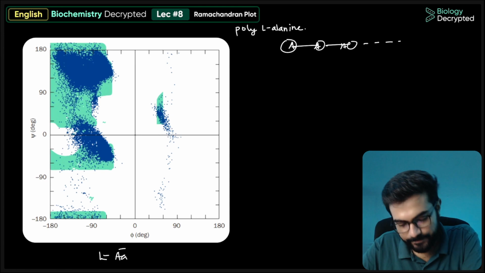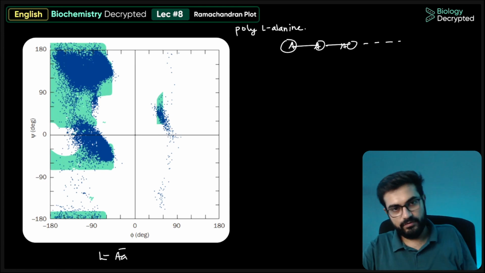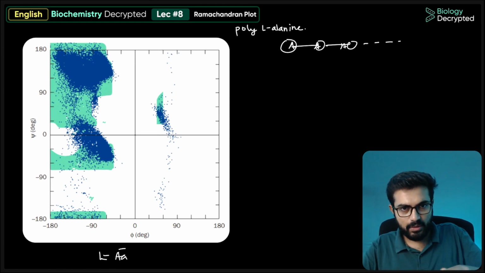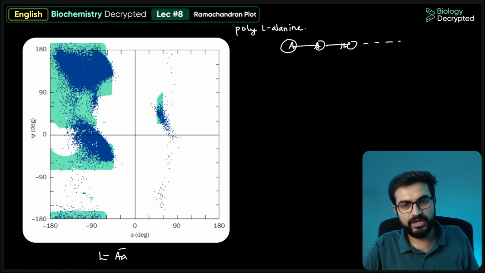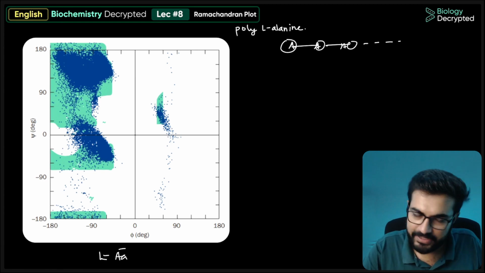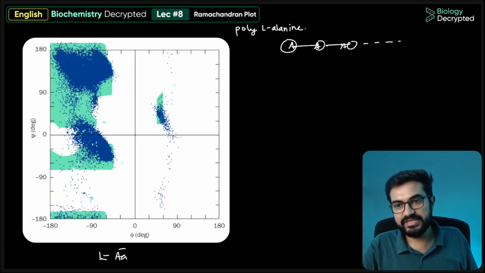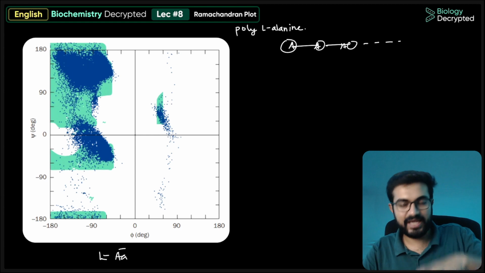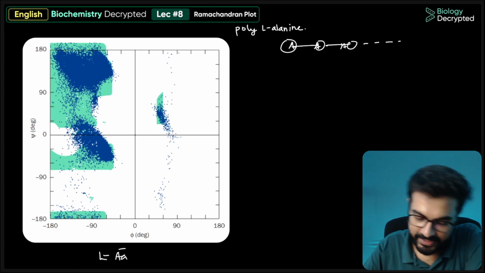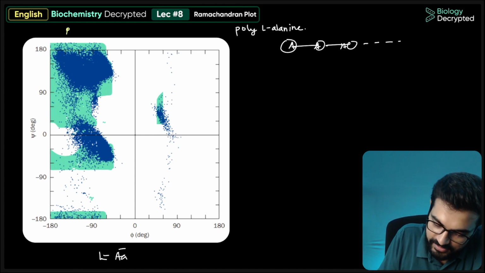For this, the plot was made, and this is how roughly we can draw it. It will vary slightly for individual amino acids, and for some amino acids it will be completely different. But yes, this is how the actual Ramachandran plot looked. So this is the Ramachandran plot.